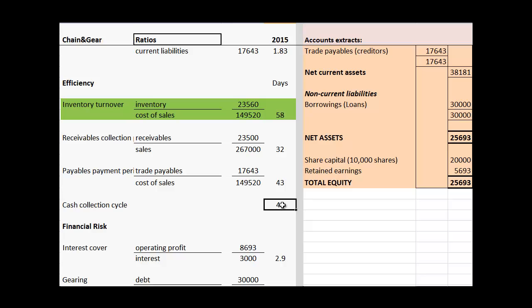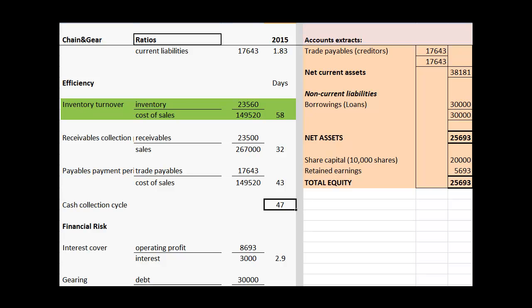The net effect of our inventory, receivables and payables is what we call our cash collection cycle, which in this case is 47 days, which is the 58 days for the inventory turnover plus the receivables less the payables payment periods to give us our cash collection cycle. Effectively, we're looking for the smallest possible figure here to get our cash in to the business.